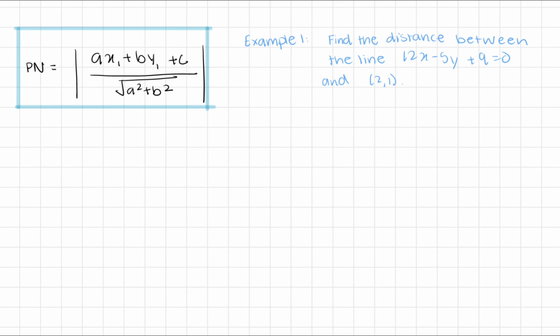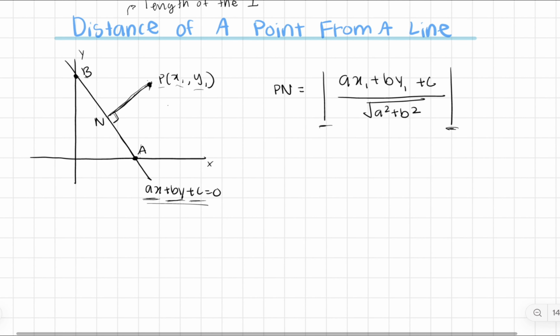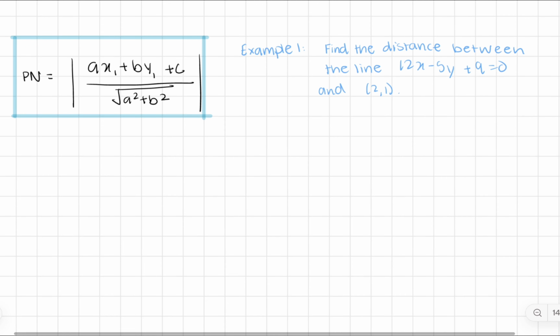Now let's start off with example 1. So we have the formula for finding the length of PN. We saw the length of PN is basically just this line segment right there. Now let's take a look at the example. Example 1: Find the distance between the line 12x minus 5y plus 9 equals 0 and the point (2, 1). So chances are (2, 1) is probably going to be over here.